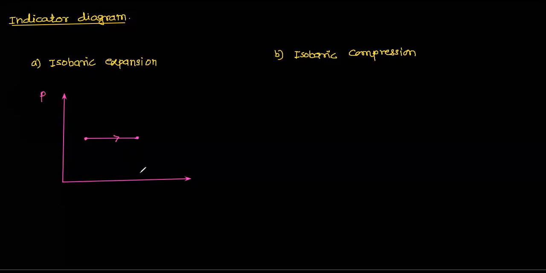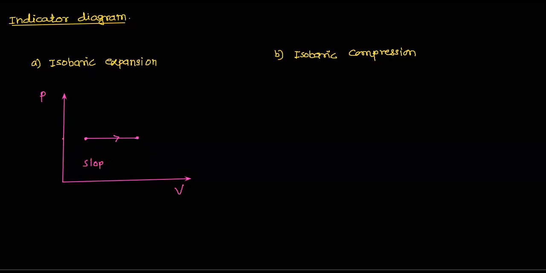This is pressure versus volume, and this is what we can call the expansion curve. Why? Because if suppose we take this point, there is no change in pressure, same pressure, but volume is changing.